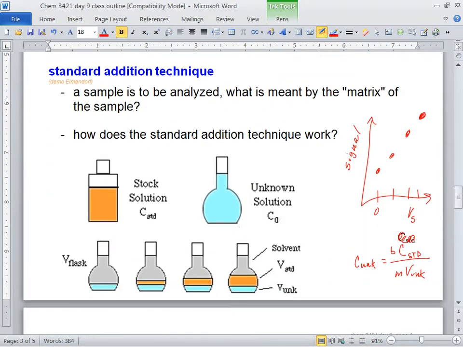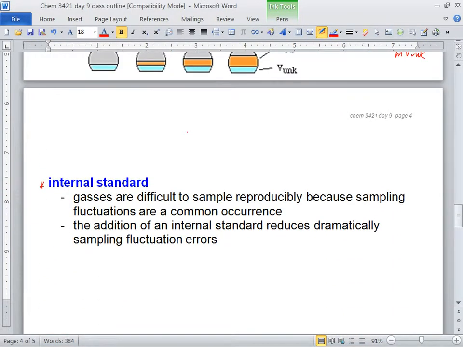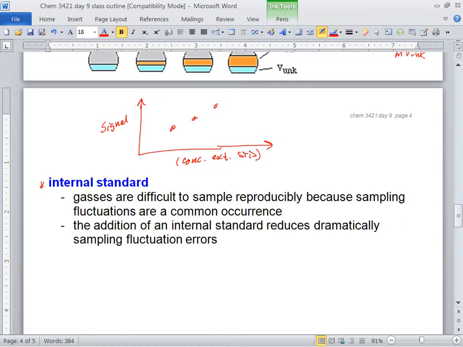Do you remember what we did is we plotted the signal versus the concentration of that external standard. Right? That's what we've been doing this whole time. And then we get our little plot. Everybody with me so far?